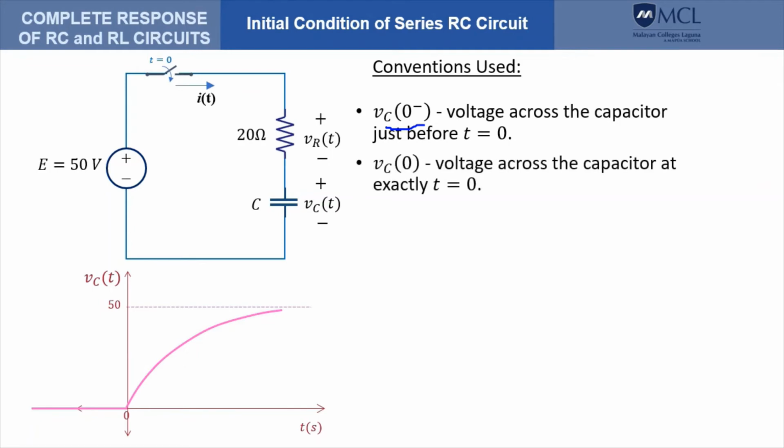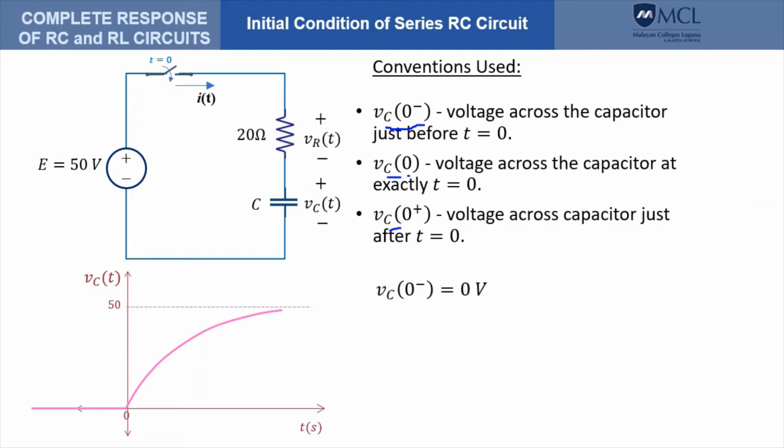For t exactly equal to 0, we use the usual V sub C at t equals 0. And for the voltage just after t equals 0, we write it with a positive symbol on the upper right of the 0.